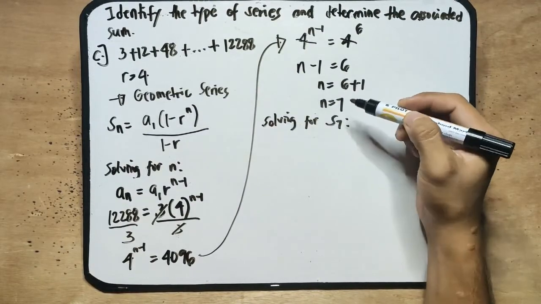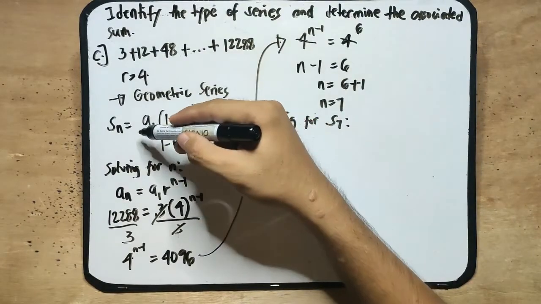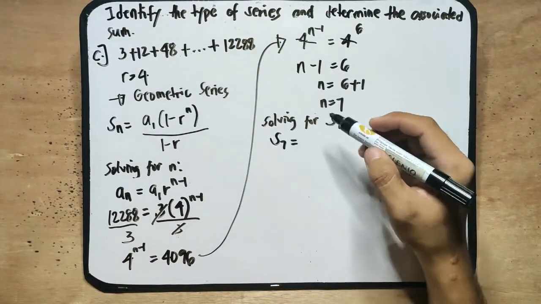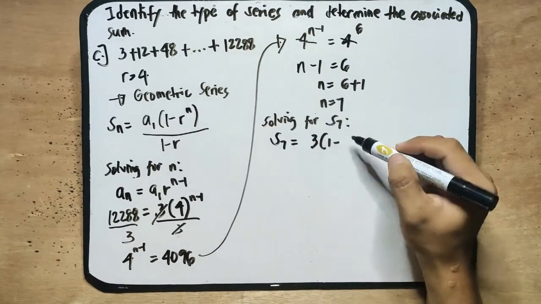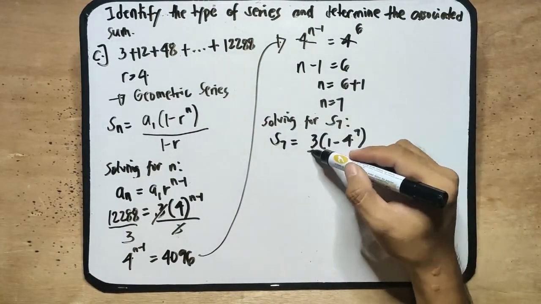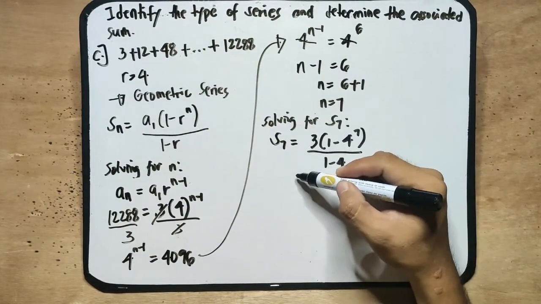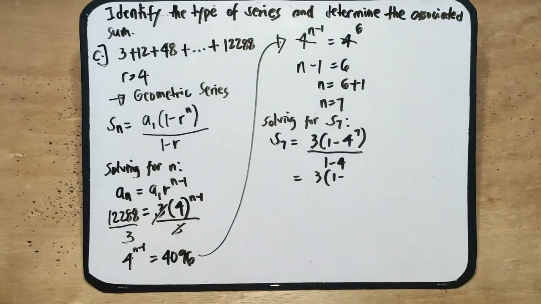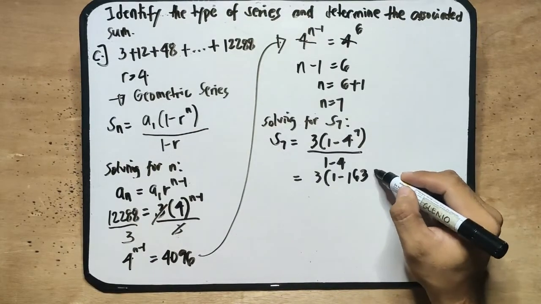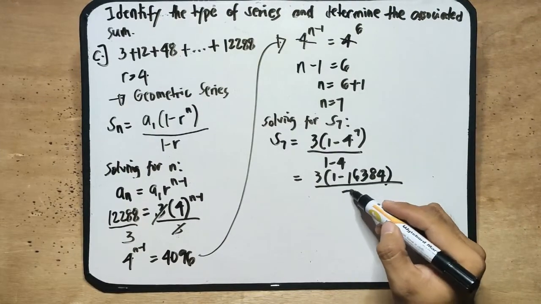We already have the value of n, so we can now solve for S sub 7, or the sum of the associated series. Using this formula, we have S sub 7 is equal to a sub 1, which is 3, times (1 minus r, which is 4, raised to 7) all over 1 minus r, or 1 minus 4. This will be 3 times (1 minus 4 raised to 7, which is 16,384) all over 1 minus 4, which is negative 3.